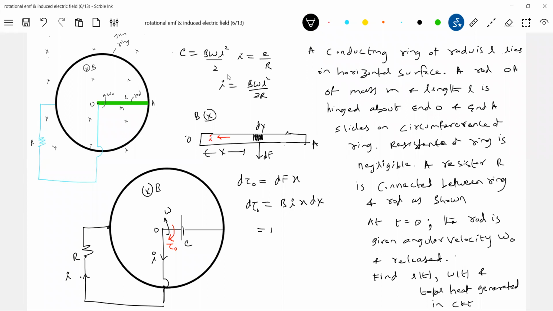So this should be equal to B. What is I from this equation? B omega L square by 2. This will be x dx. B square omega L square by 2R. I'll write tau I, induced torque, no?